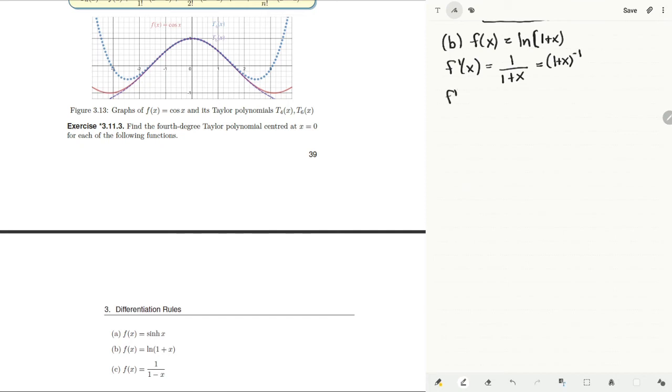The second derivative is negative 1 times 1 plus x to the negative 2. The third derivative is 2 times 1 plus x to the negative 3. And the fourth derivative is negative 6 times 1 plus x to the negative 4.